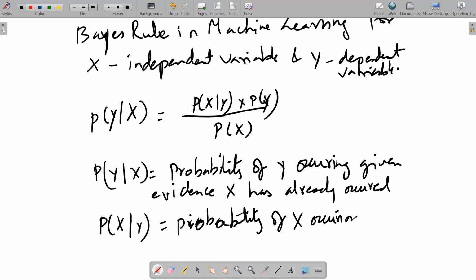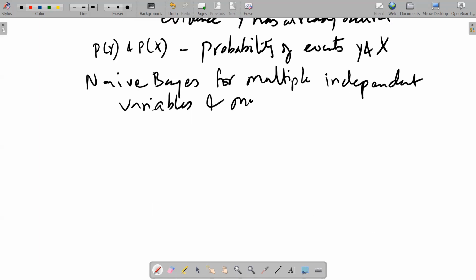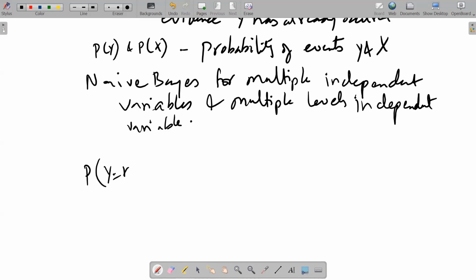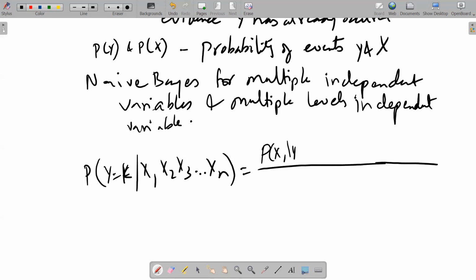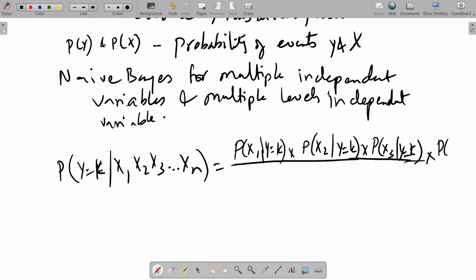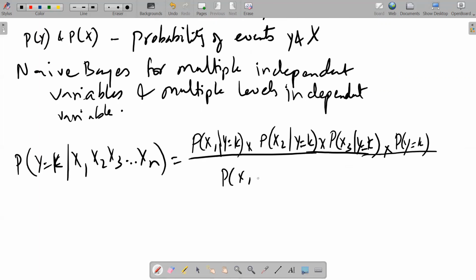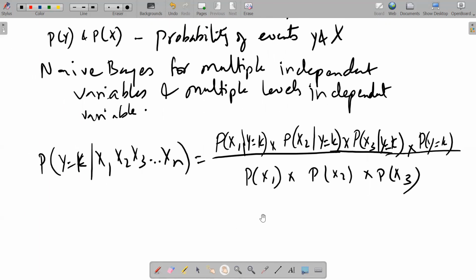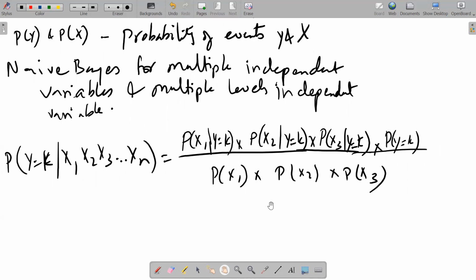With multiple independent variables and a dependent variable y, probability of y equal to k given x1, x2, x3 till xn is equal to probability of x1 given y equal to k, multiplied by probability of x2 given y equal to k, multiplied by probability of x3 given y equal to k, multiplied by probability of y equal to k. This is the naive Bayes rule for machine learning, up to xn.